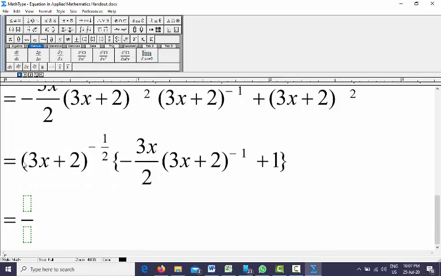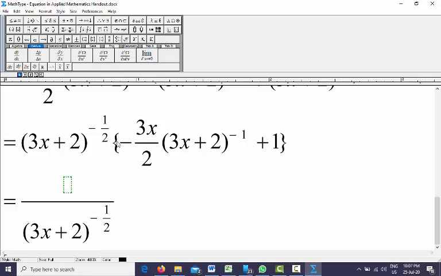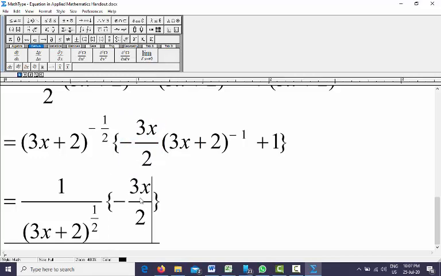To remove the minus from the power, we will move these one to the denominator, where the minus will no longer be there. So here we don't have anything, we will have a 1 there. So again similarly, what we will have is here we have this one.